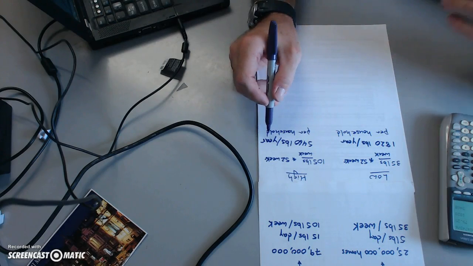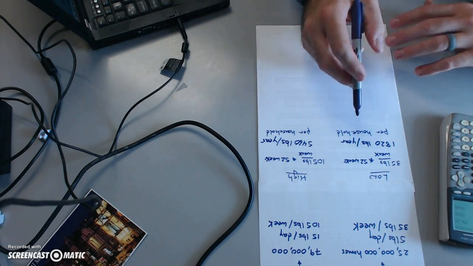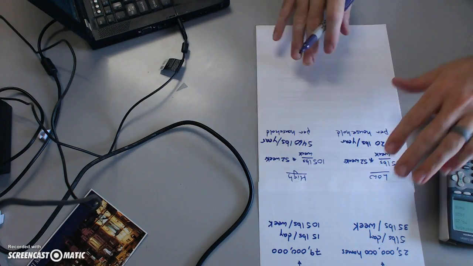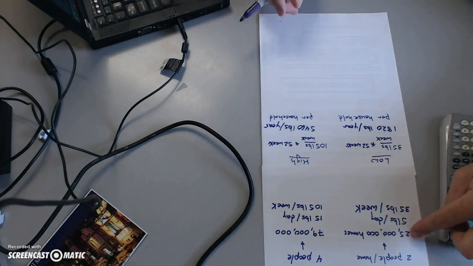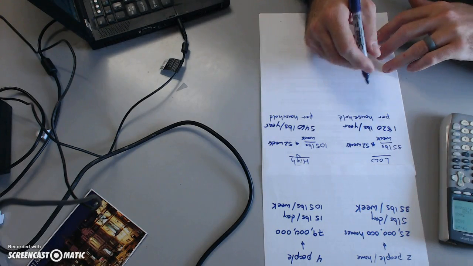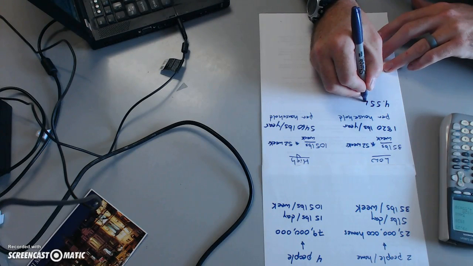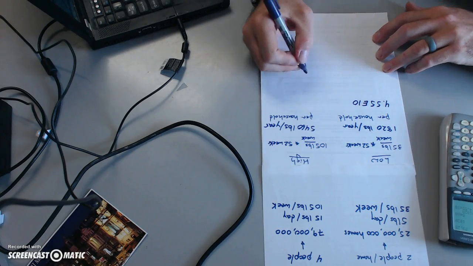Okay, let's multiply the pounds per year per household by the number of households. In the low column, we have 25 million homes. So 25 million times 1820. That gives me, my calculator gives me a number, or a set of symbols that looks like this. And so I'll explain that in a second.